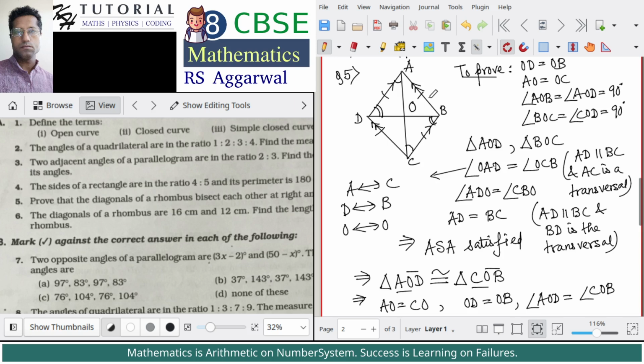Angle AOD is equal to angle AOB. This angle equals to this angle. We have common side.